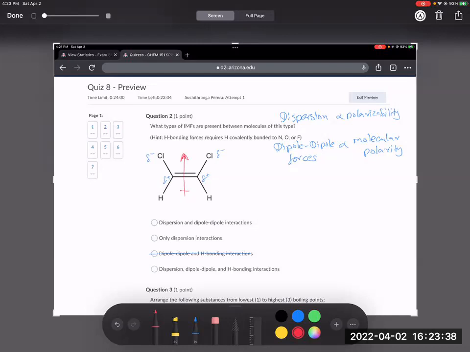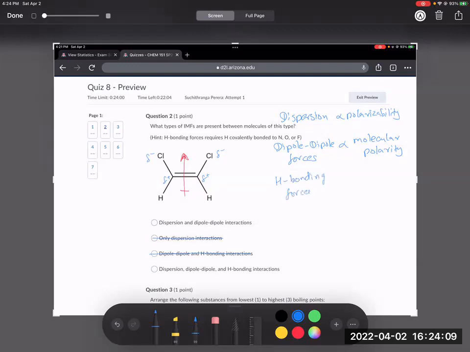Because that's a net dipole moment, you're going to have dipole forces on top of dispersion forces. So if an answer says dispersion only, that's going to be out, because we know for sure that we have dipole as well. Now, the last type of intermolecular force is hydrogen bonding forces.